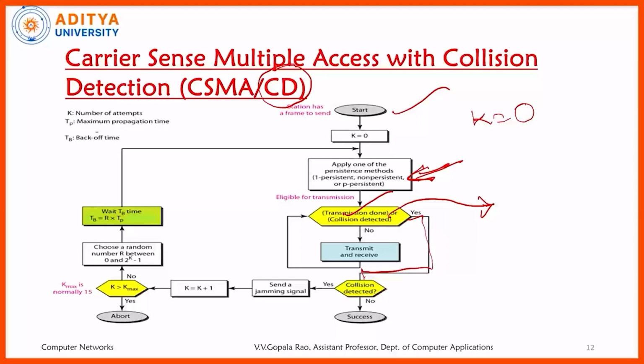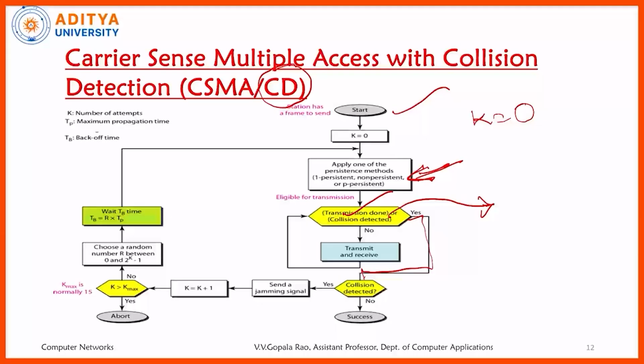Transmission means the process of flowing the data in the channel. But a transmission is called successful once it reaches the destination without any collision. Here we are only identifying that the transmission is done.